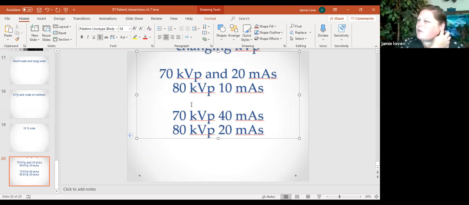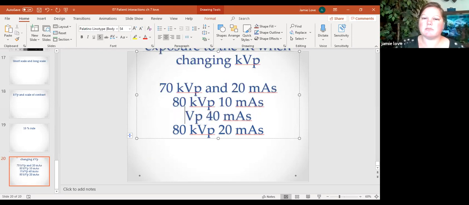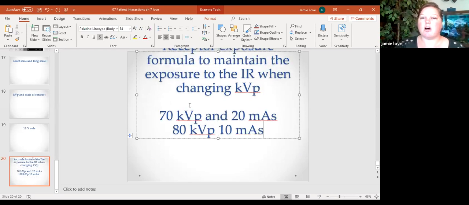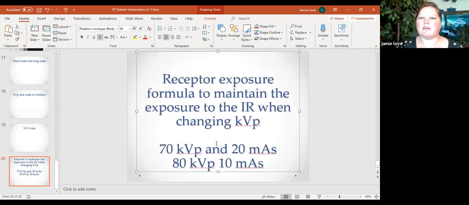And again, this is a formula that Miss Dean's going to teach you guys about using it next class. Just wanted you to understand the reason you may see techs alter their technical factors and what they're doing in clinic.